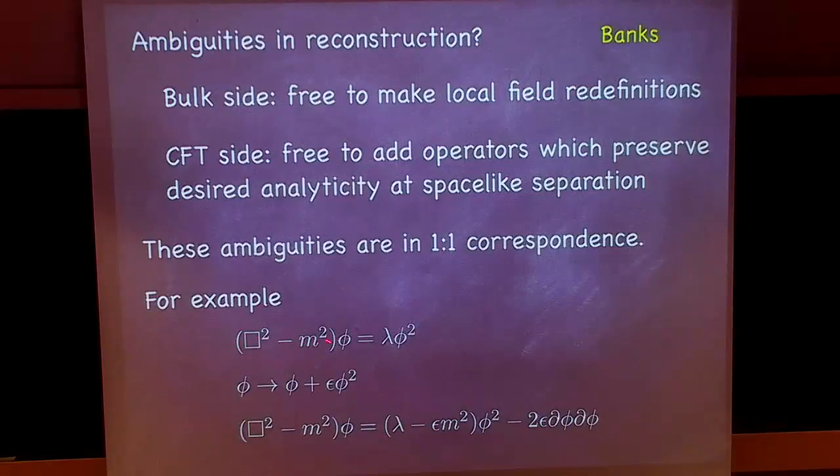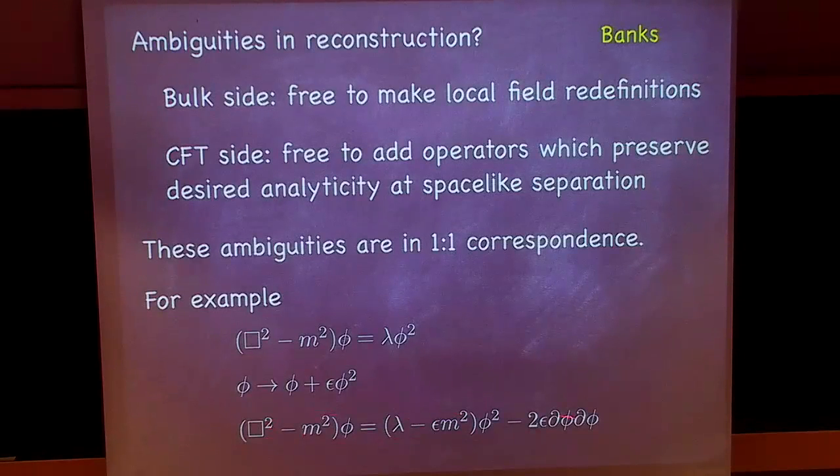And, just as an example of the sort of game you can play, if you start with the equation of motion for a phi cubed theory in the bulk, and you make a local field redefinition, it turns it into a theory that has a different phi cubed coupling, but also has a derivative coupling. And this has been shown in the literature.